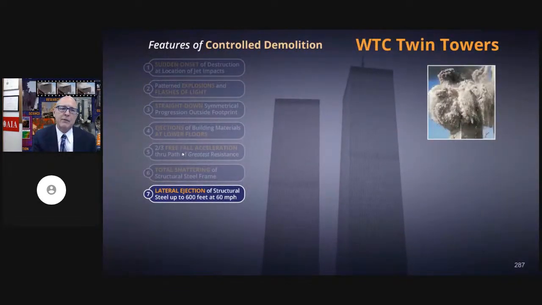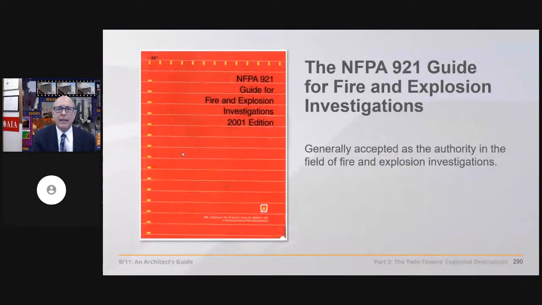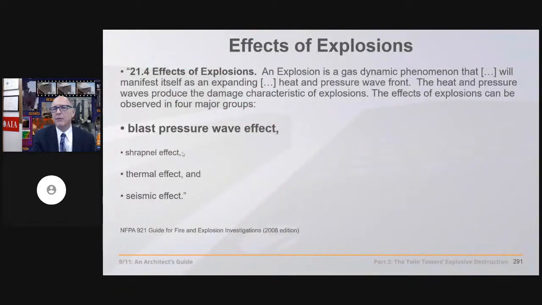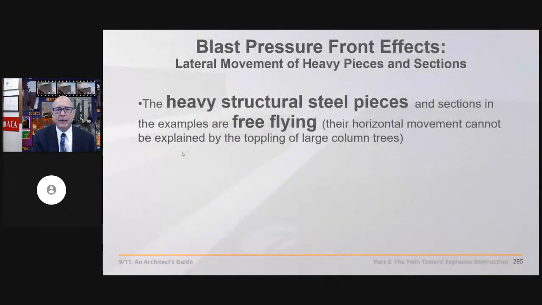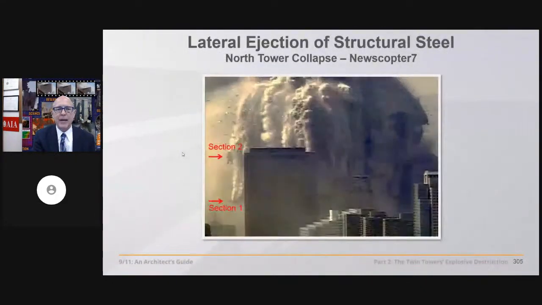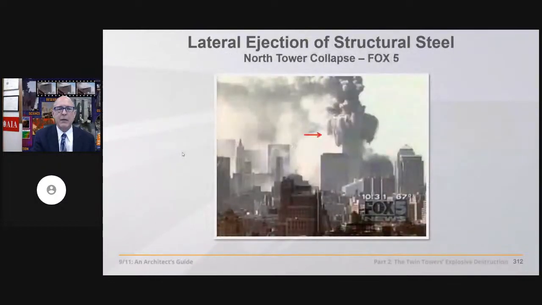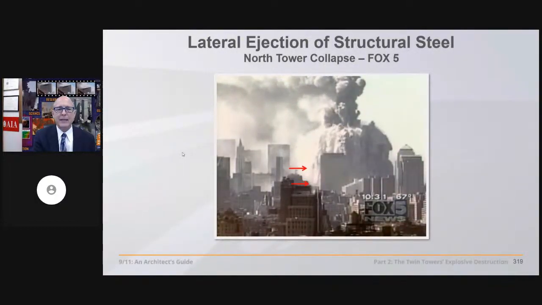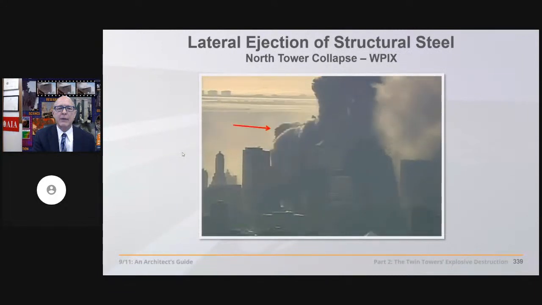How about feature number 7? Is there a lateral ejection? Well, the NFPA 921 also says look for blast pressure wave effects, i.e. heavy structural steel pieces freely flying, like you see flying out of the South Tower and the North Tower in every direction, landing 300 feet in every direction.